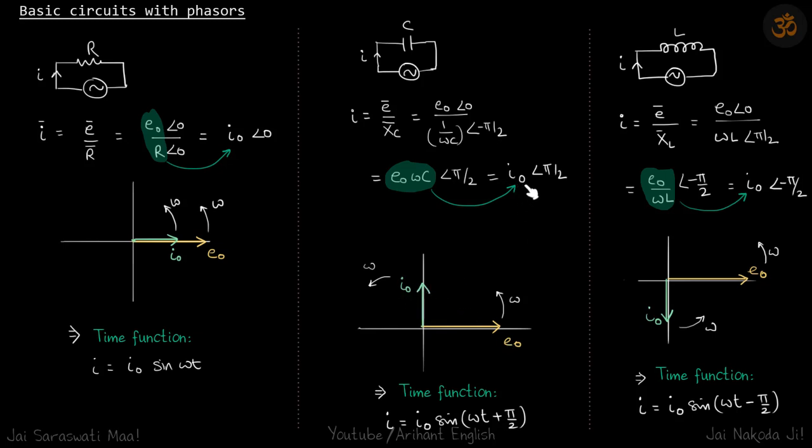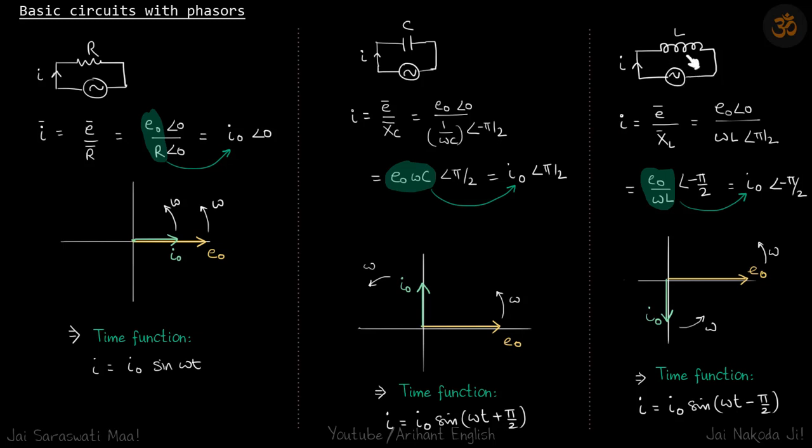Now this thing as a time function we can write as I naught sin omega t plus pi by 2. So initial phase is pi by 2. So if you put t is equal to 0, it is pi by 2. So just know that I naught for each circuit is different. We are just writing the I naught as peak current. Here the peak current is E naught by R. Here peak current is E naught omega C.